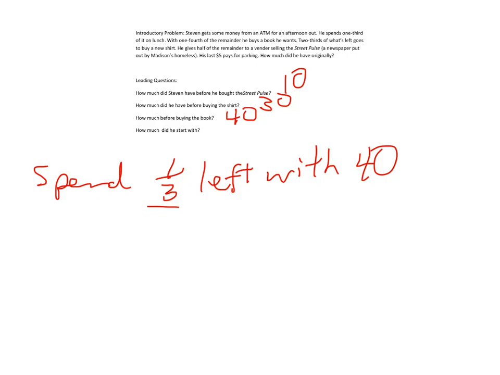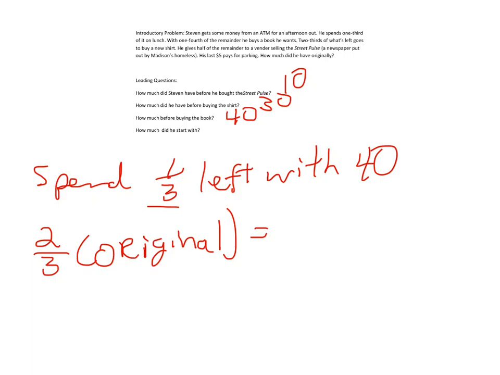Instead, I once again set up an equation. 2/3 of the original amount is equal to 40. Spent 1/3 of it on lunch, left with 2/3. Or again, a picture does it pretty easily. Take my original amount, divide it into 3 pieces.